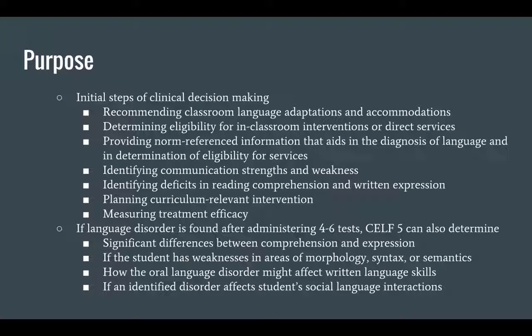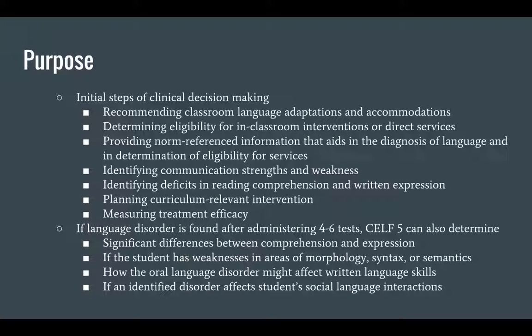So the CELF-5 plays a huge role in the initial steps of clinical decision making, which of course encompasses a lot, including identifying communication strengths and weaknesses, identifying the deficits in reading comprehension and written expression, as well as measuring the treatment efficacy.